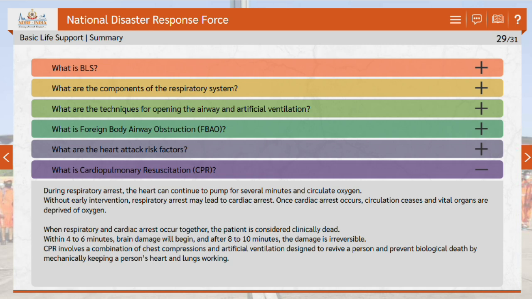Within 4 to 6 minutes, brain damage will begin, and after 8 to 10 minutes, the damage is irreversible. CPR involves a combination of chest compressions and artificial ventilation designed to revive a person and prevent biological death by mechanically keeping a person's heart and lungs working.